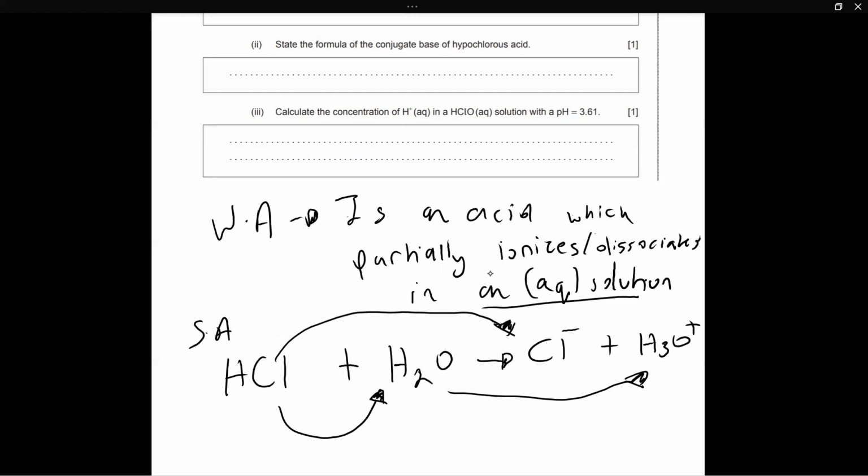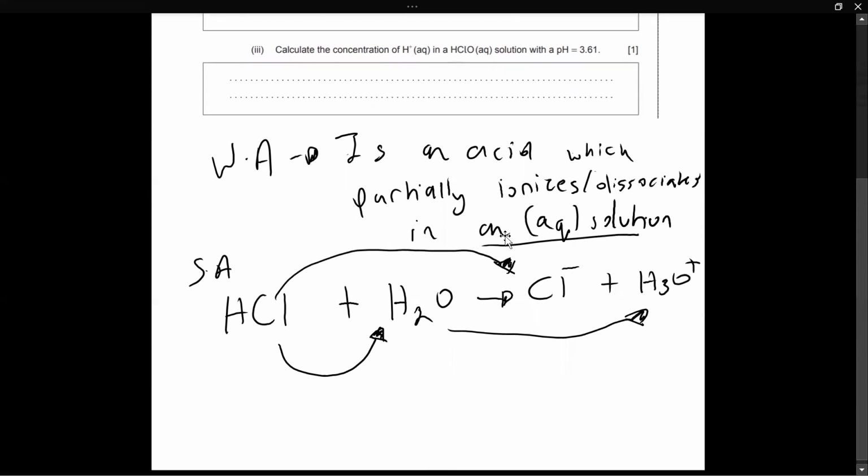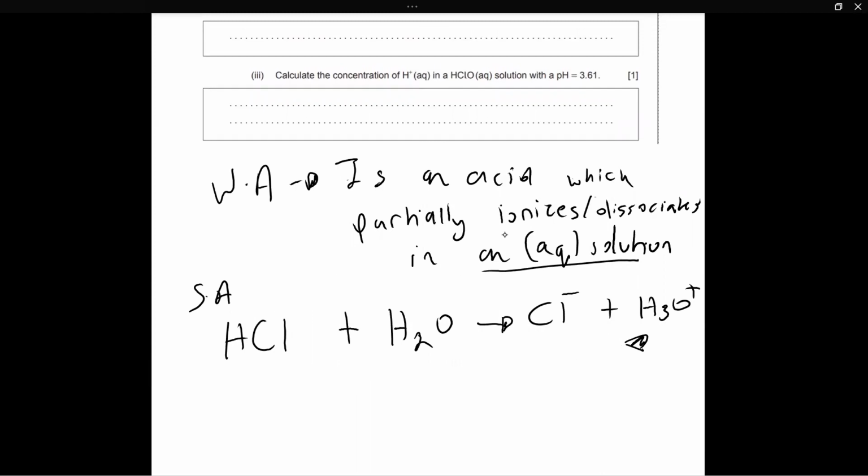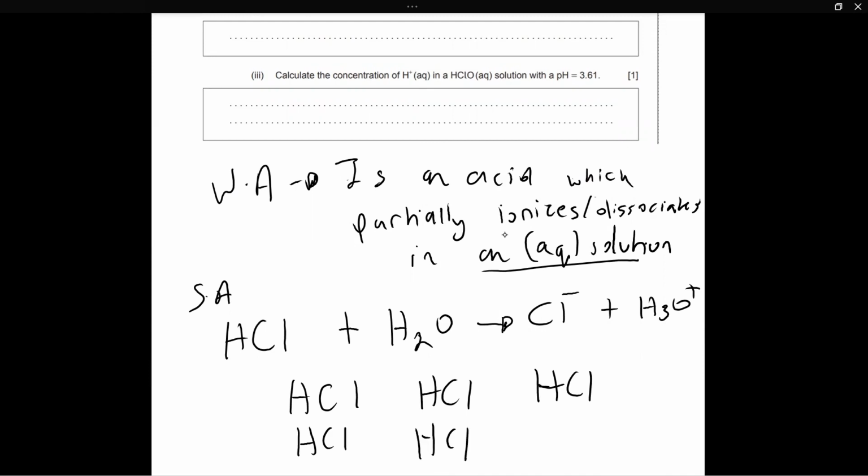Now, how do you tell this is a strong acid? What is the meaning basically of a strong acid? What it basically means is, if I have a solution, and inside the solution I have 10 HCl molecules, right? I have a very small beaker of this acid, and inside the beaker, I have 10 HCl molecules.